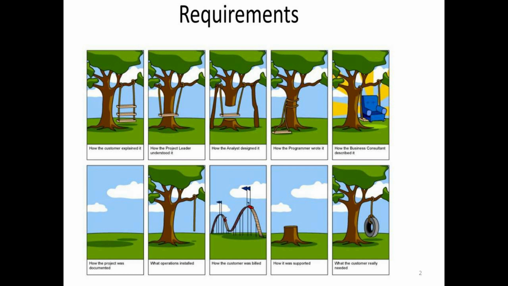The other 50% of the job is to make sure that a consistent picture, or consistent communication, happens across everybody, whether it's the project leader, analyst, programmer, business consultant, documentation, billing, or support team. They should all see the consistent picture.